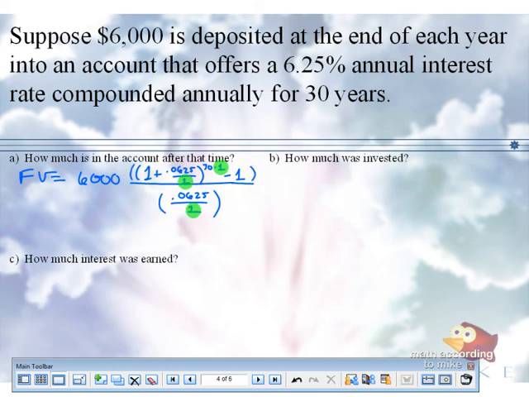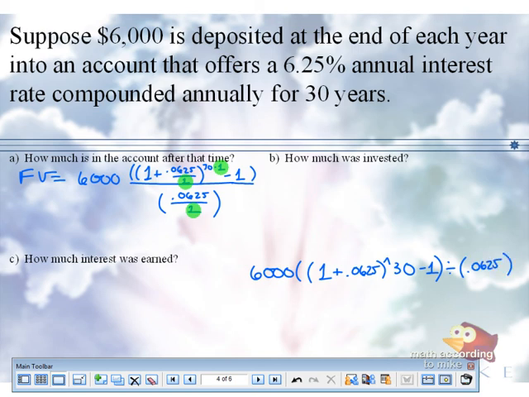So what does it look like in the calculator? I'll start you off: 6,000, parentheses, 1 plus 0.0625, close parentheses, raised to 30 minus 1, parentheses, divided by, parentheses, 0.0625, parentheses.